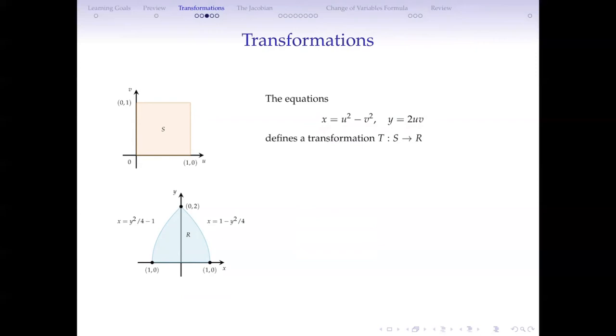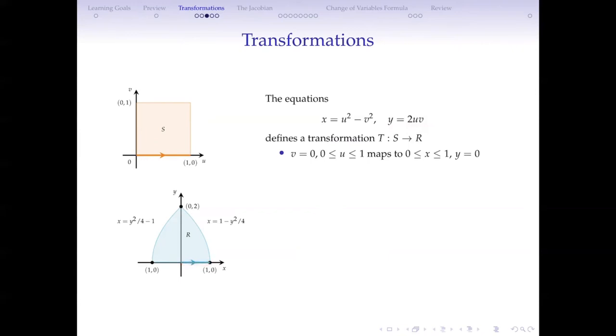What happens to the unit square in the UV plane? And my claim is that it gets mapped to this rather different region in the XY plane, which is really kind of amazing. So let's try to step through that. So first of all, what happens when u goes from 0 to 1 and v is fixed? v is fixed at 0, in fact, so that means that the y coordinate, if v is 0, is going to be 0, so I'm going to be moving along the x axis.